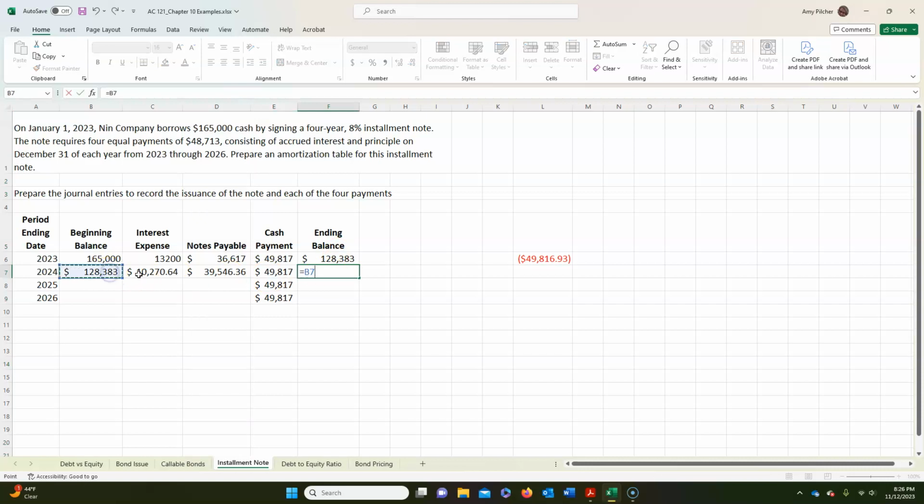Now our remaining balance at the end of year 2 becomes our beginning balance for year 3. We have 8% interest.